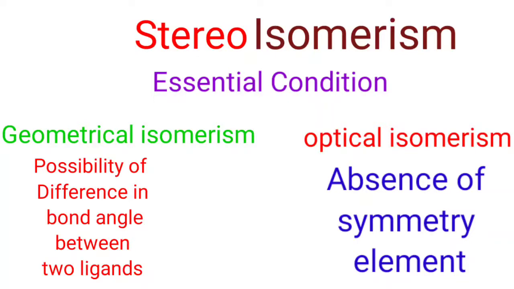Similarly, to check optical isomerism, we check whether there is any symmetry element. If any symmetry element is present, the compound will not show optical isomerism, because to show optical isomerism it is essential to have an absence of any symmetry element.